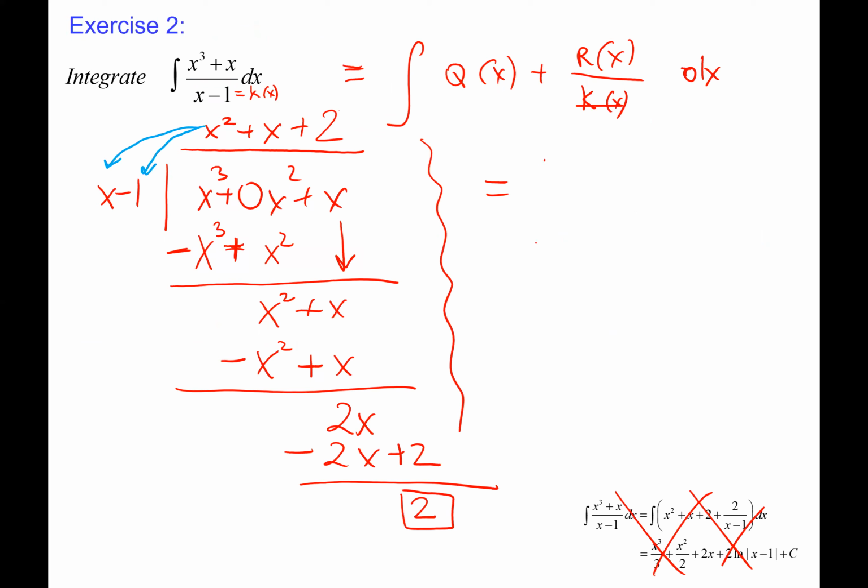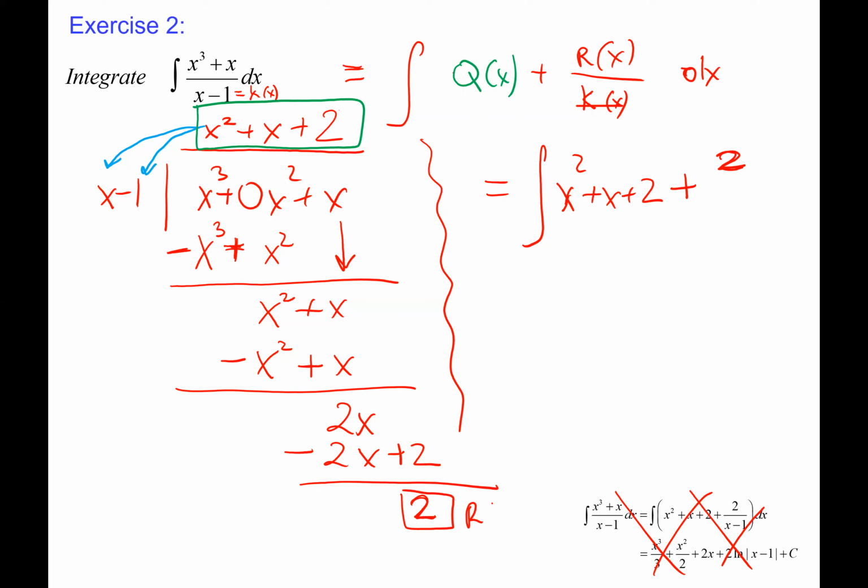That means what we have. The quotient is, of course, that part. That's the quotient. I can even follow my colors. That's the final answer. We have x squared plus x plus 2 when I divide, and then plus 2 is the remainder, all over x minus 1, because I can't divide 2 by x minus 1.